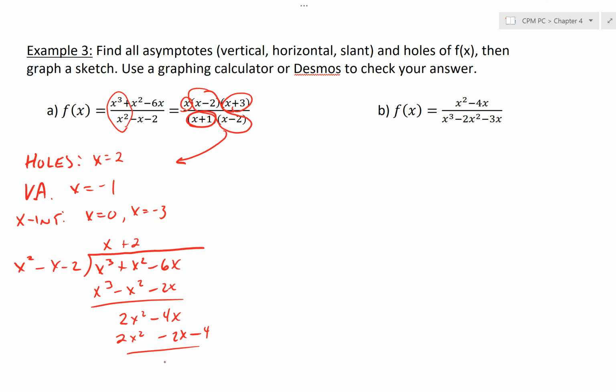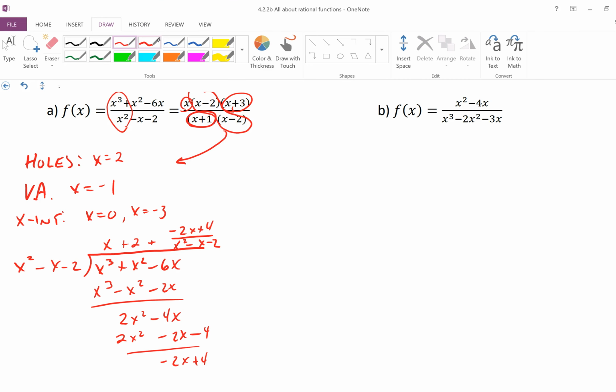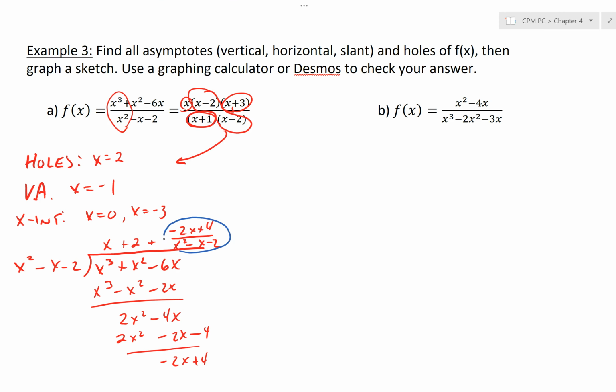Subtract, and we get -2x plus 4. That is our remainder, and so that is plus -2x plus 4 over x squared minus x minus 2. Now, as x goes to infinity, this is going to approach 0.